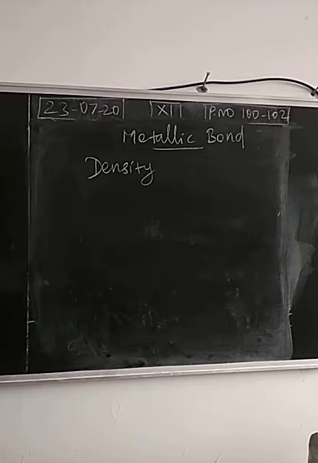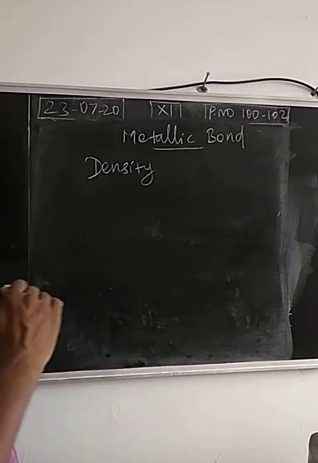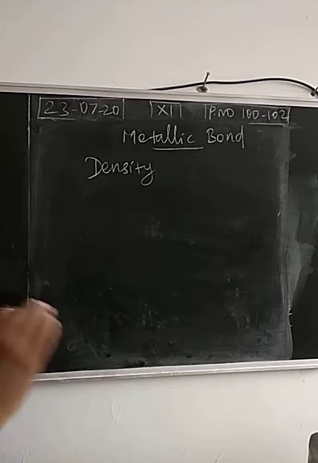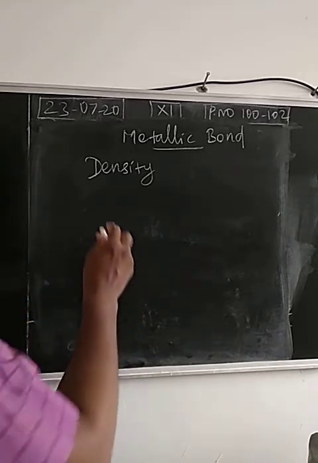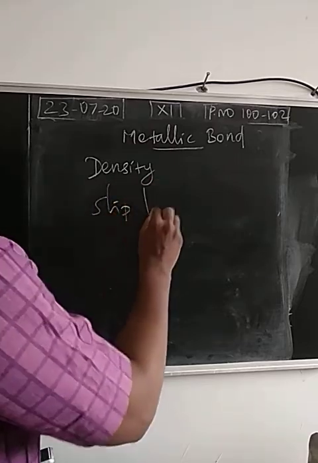Next, when you take metals, they can be made into a plate as well as a wire. So they are malleable as well as ductile. Why does it happen? Because of the arrangement of positive ions as well as free electrons, or simply the arrangement of atoms in the metal, which will be in the form of slip plates.